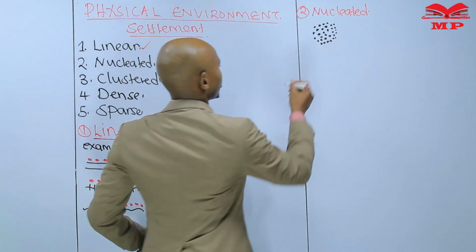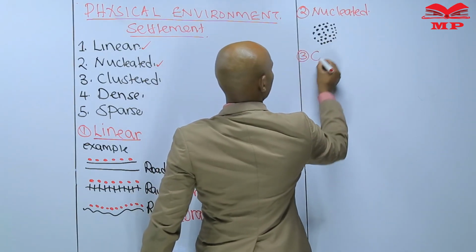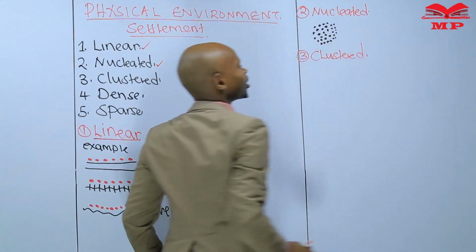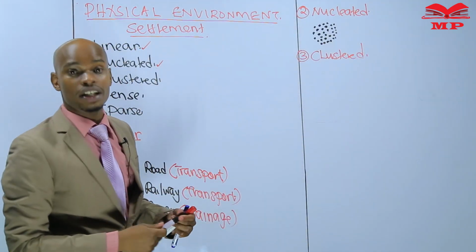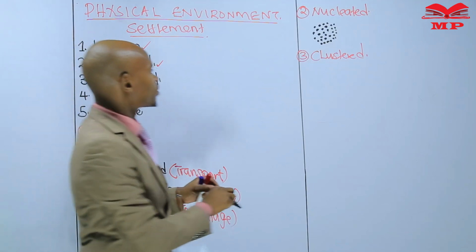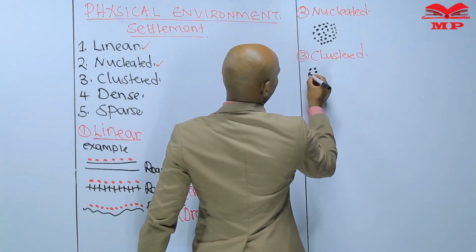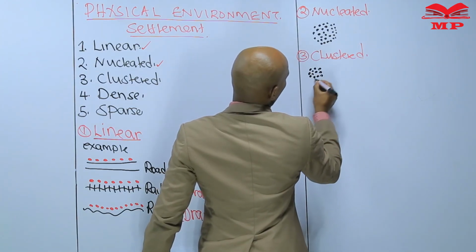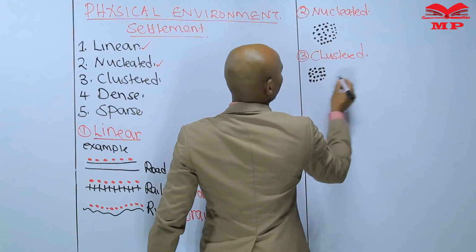Number three, we have clustered. I also want to mention that clustered is very much related to nucleated. Only that in clustered settlement, it is not one village, it is not one group. When it is just one group, that is nucleated.